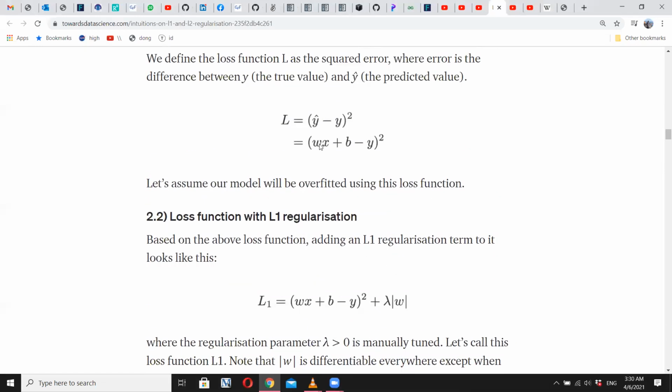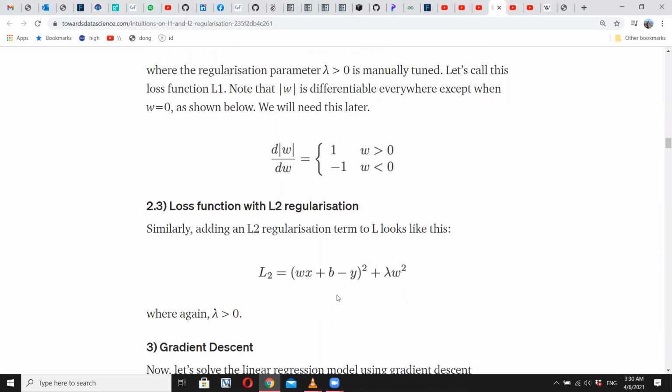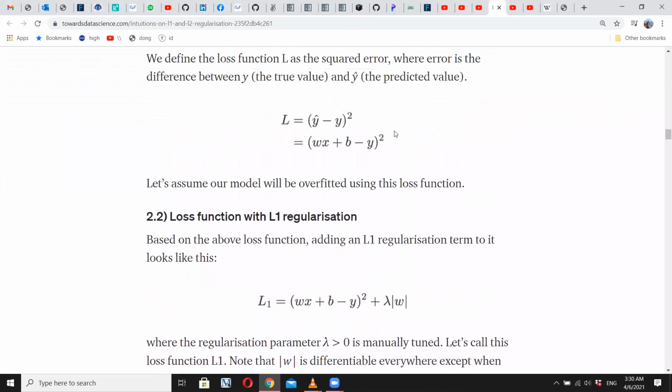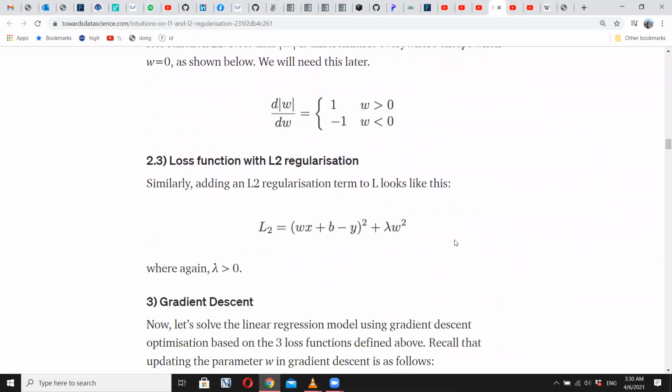The derivative of this loss function with respect to b will be the same here, the same over here, and the same over here, because the only difference is this term, and this term does not include b. Therefore the derivative of L with respect to b is the same for linear regression, for lasso, and for ridge regression as well, because this penalizing term doesn't have b.